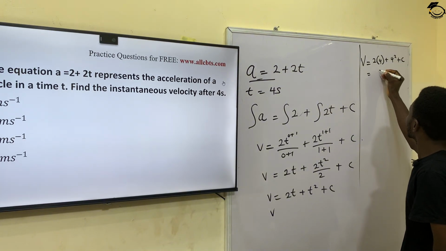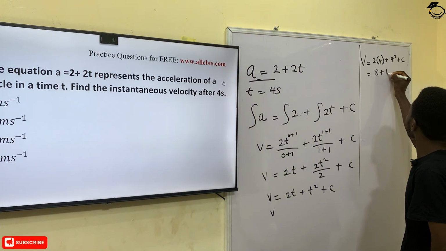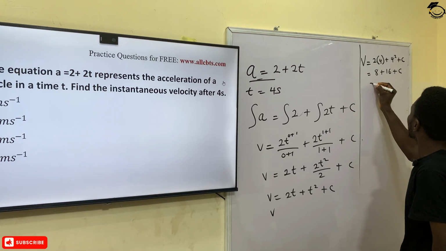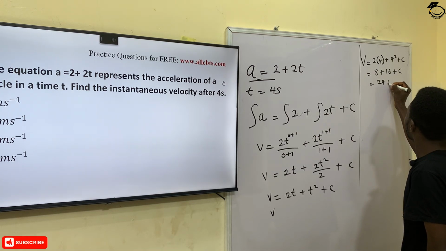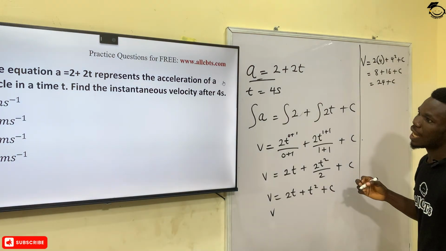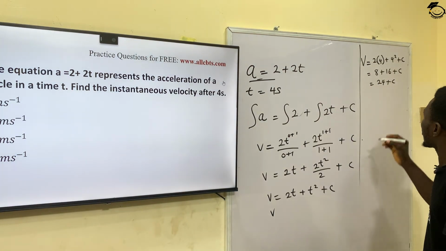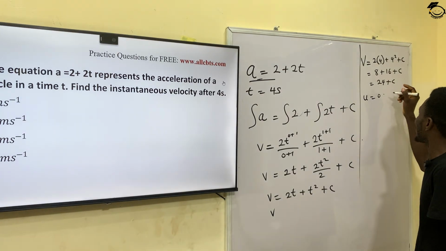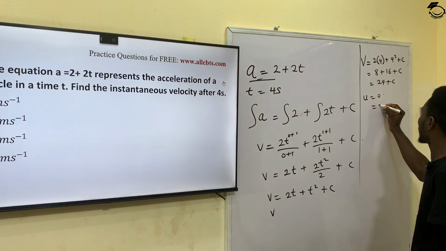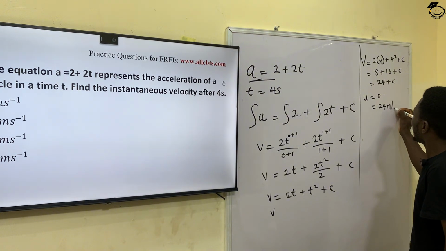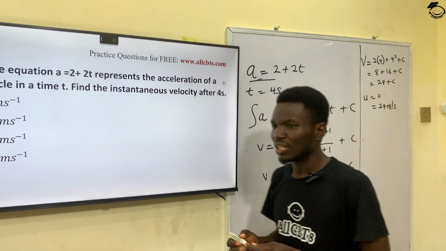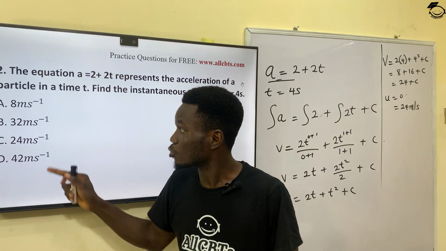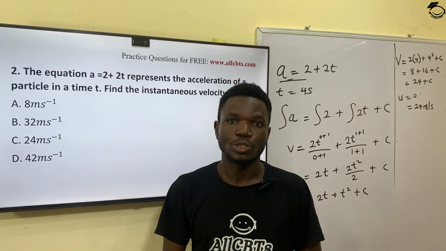So this will give me 8 plus 16 plus c, and that will give me 24 plus c. We assume that in this equation our initial velocity is 0, and if initial velocity is 0, automatically it means that my constant c is 0. So this will become 24 meters per second. The correct answer to this question is 24 meters per second, which is option C.